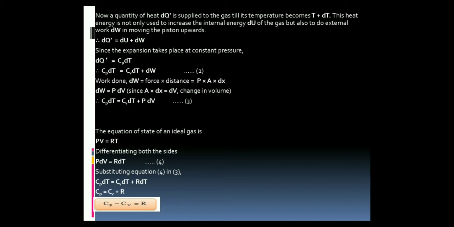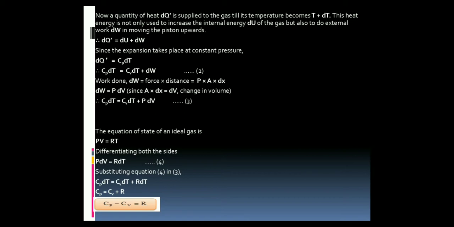That is, dQ dash is equal to dU plus dW. Since the expansion takes place at a constant pressure, dQ dash is equal to Cp into dT, where Cp into dT is equal to Cv into dT plus dW. This is our second equation.